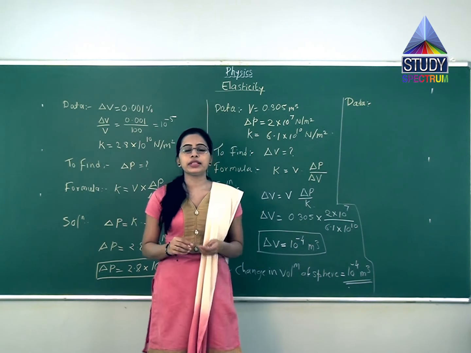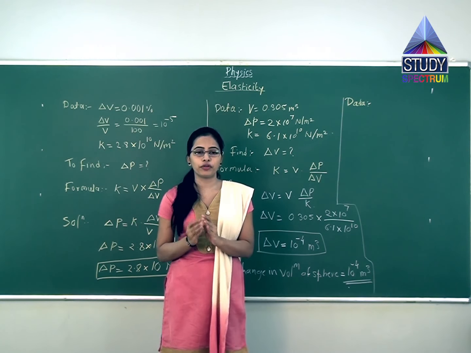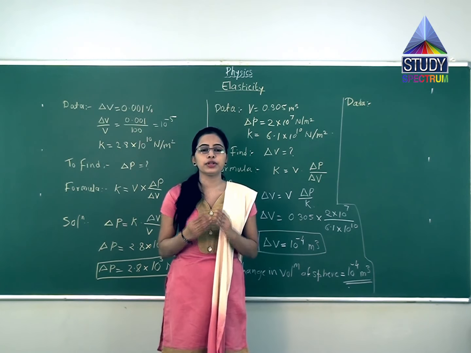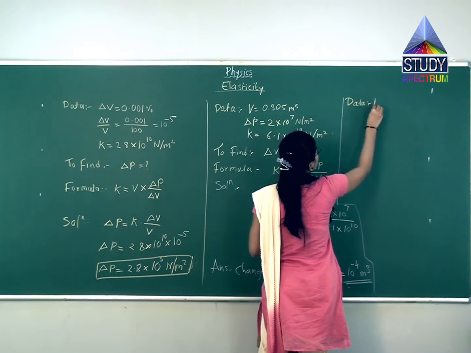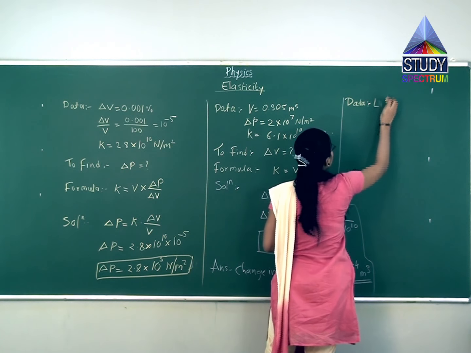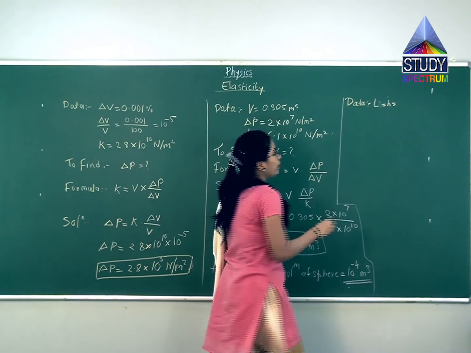Now the given things are, you have that cube, for which the sides are given. So let us write down the data. Here length is the height of the cube, so it is 1 meter.